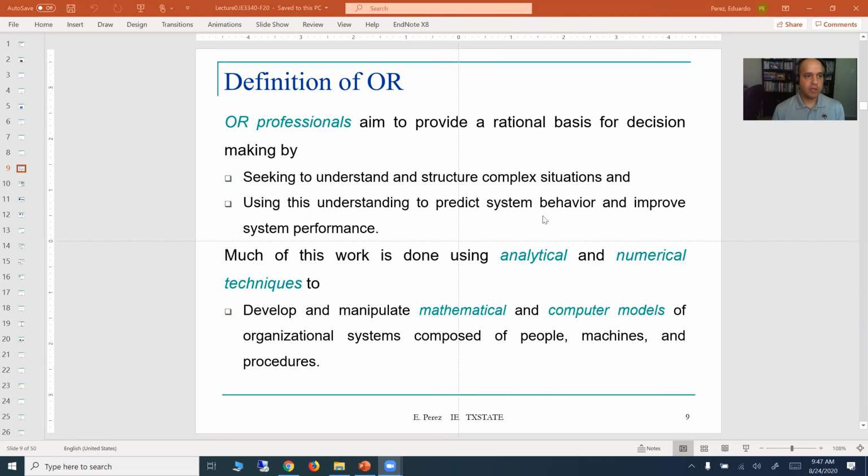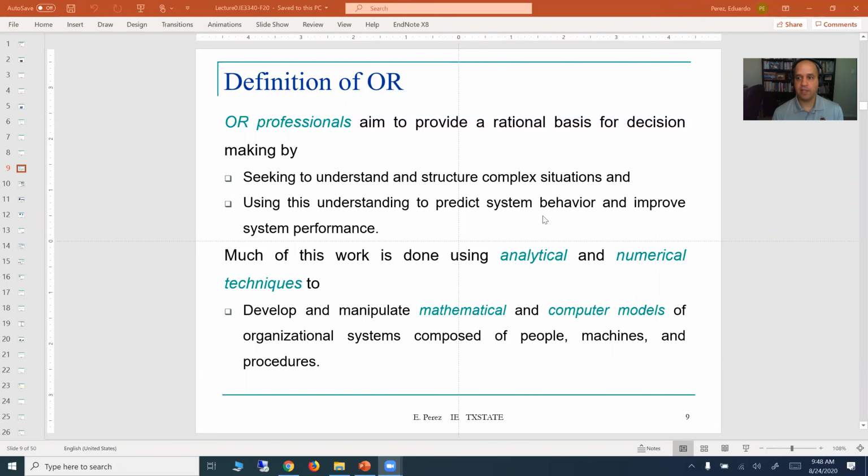But if we are looking at problems such as defining the logistics for Amazon, those problems can be huge. I mean, millions of variables, millions of constraints, and solving those problems will take a day or two on a computer. So there are different sizes and different types of problems, and we can attempt to solve them, especially those very complex situations.